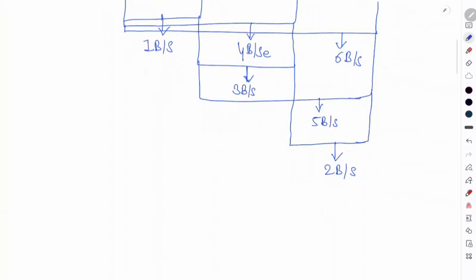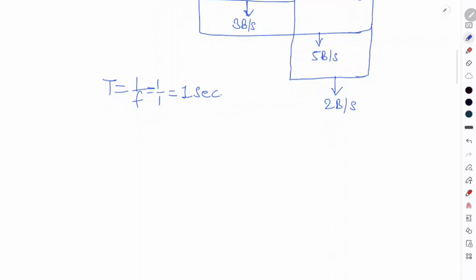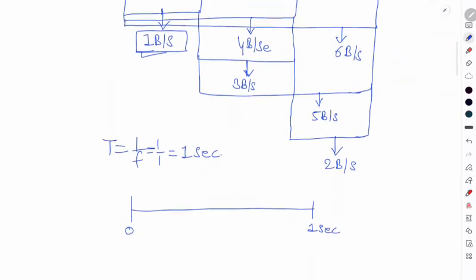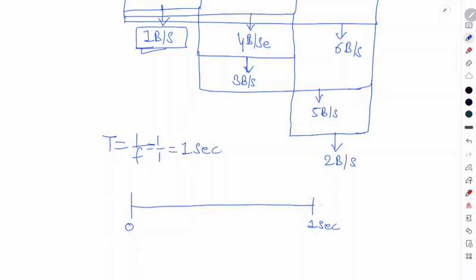Now let's talk about the time period of these beats. For 1 beat per second, the time period is 1 upon frequency, so 1 upon 1. It means in 1 second we will get 1 maxima. If here it is 0 and here it is 1 second, there will be a maxima at 1 second.